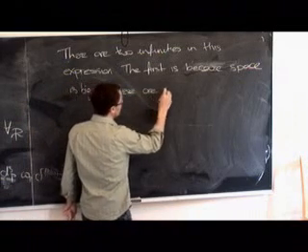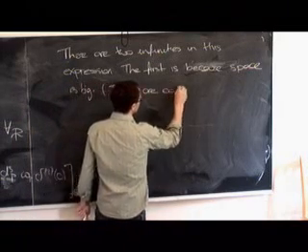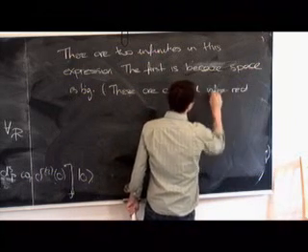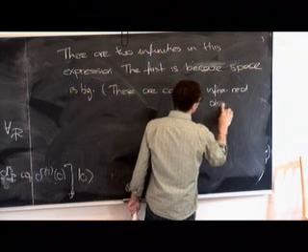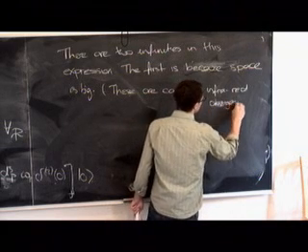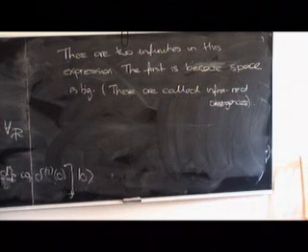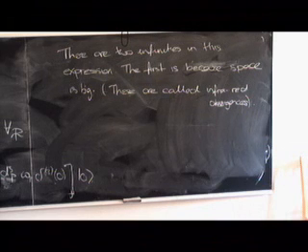These are typically called infrared divergences. This is so trivial that it almost doesn't deserve this name, infrared divergences, but you will come across these kinds of things in other contexts.